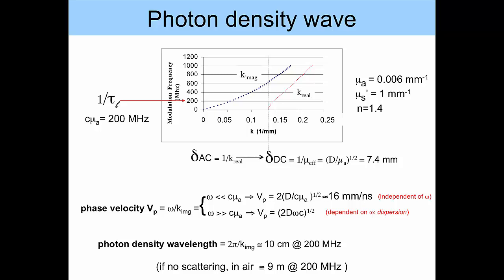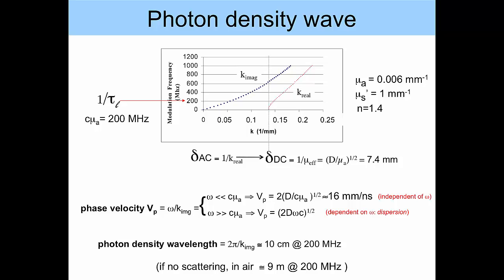Just like in the spatial frequency image I showed you of the high frequency picture of me, you saw more contrast from superficial structures. If I modulate the light in time at higher frequencies, my penetration depth is 1 over Kr, so my penetration depth will actually decrease. If I go to high enough frequencies, I'll only be looking at superficial structures.